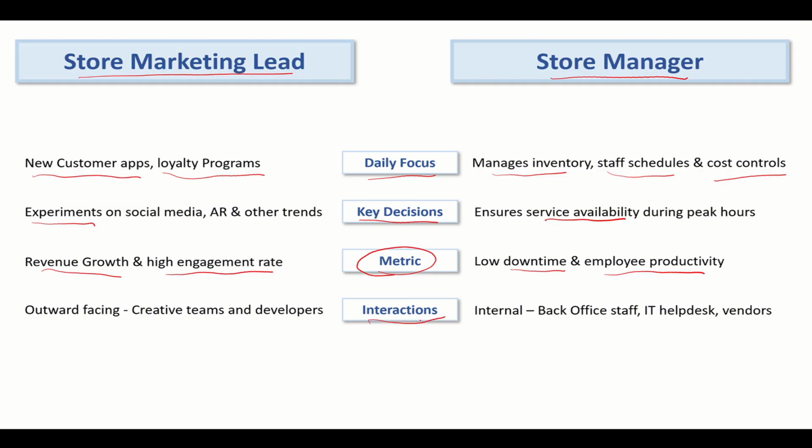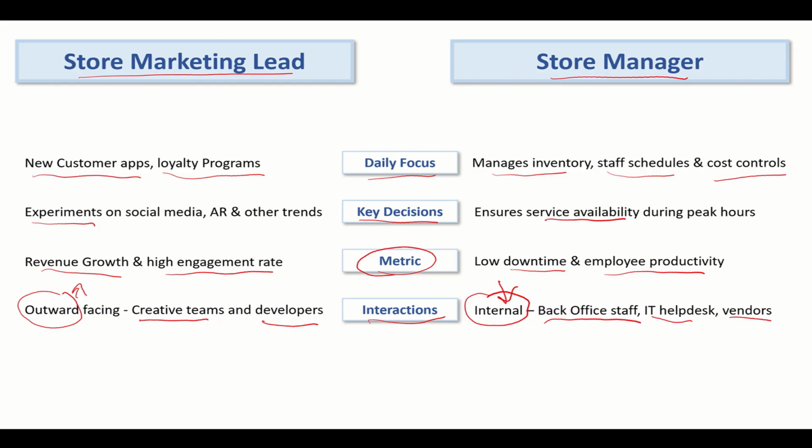Lastly, in terms of interactions, the store marketing lead will always be moving outwardly, looking at new product solutions and new technologies, and interacting with the creative teams and developers in order to develop new solutions. However, the store manager is more inclined towards the internal system, which includes talking to the back office staff, IT help desk, and vendors in order to understand how the uptime, service, and availability for the store are working.